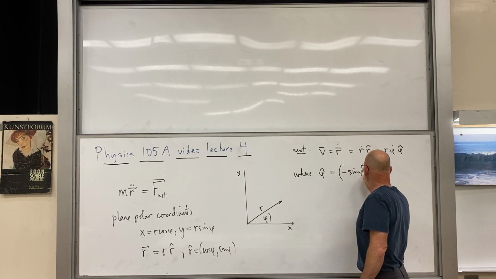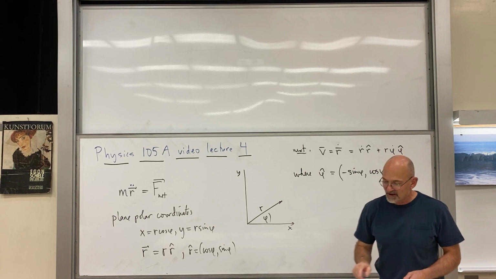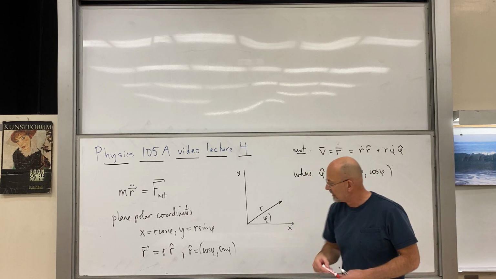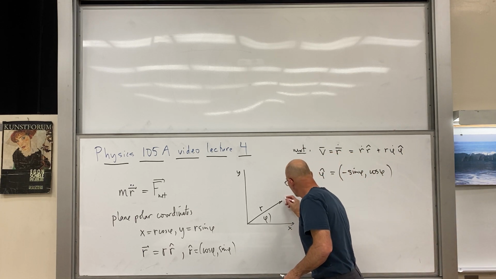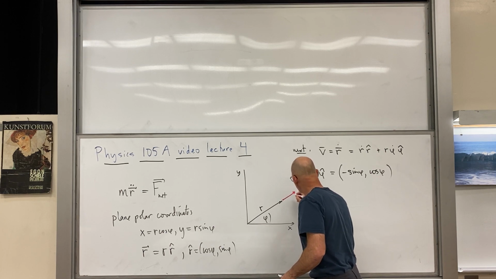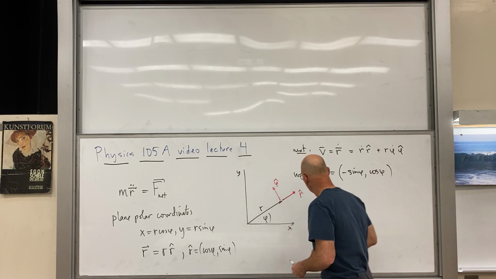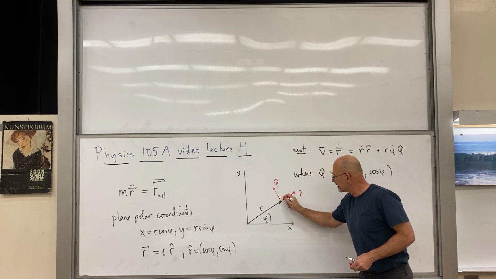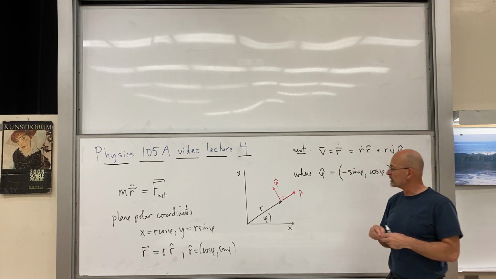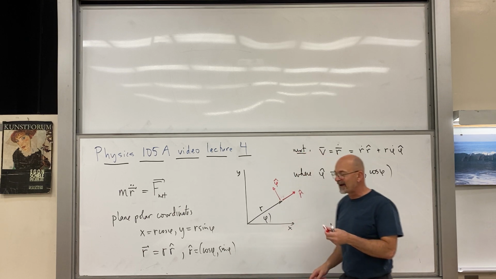If I attach these two vectors to this point, there's my r hat and there's my phi hat, and they are constructed to be orthogonal to each other. So r hat and phi hat are orthogonal unit vectors.